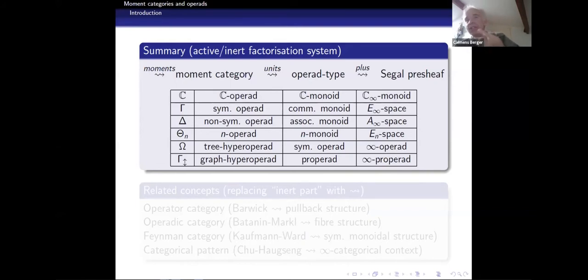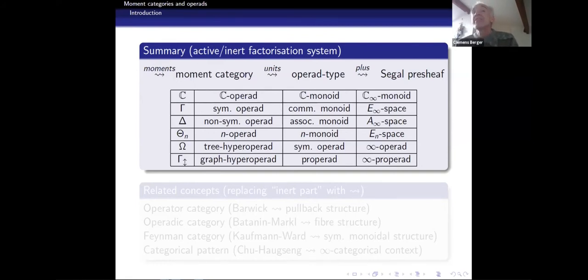Now, to each operad, you can also associate a notion of algebra, and especially algebras over the terminal operad. And these algebras over the terminal operad, I call them C-monoids. So it's well known that the terminal symmetric operad has as algebras commutative monoids.